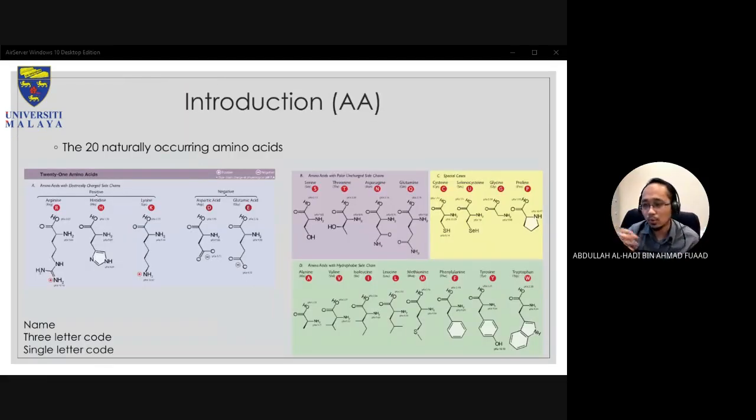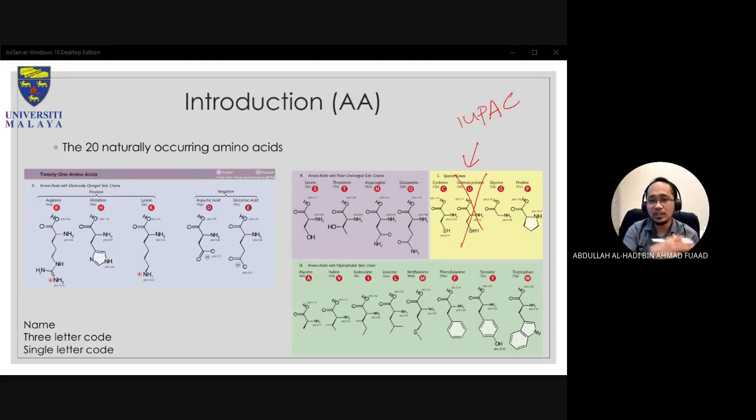So if you go back to the lectures, what is shown here is 21 amino acids. According to the IUPAC system, selenocysteine is not part of the 20 naturally occurring amino acids.